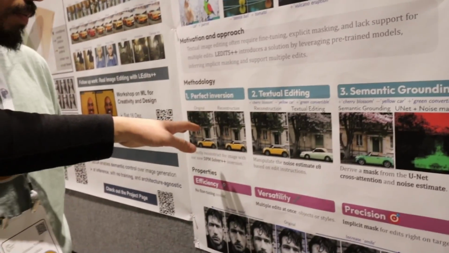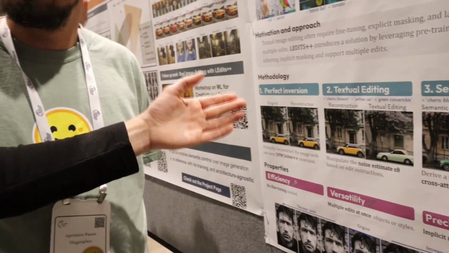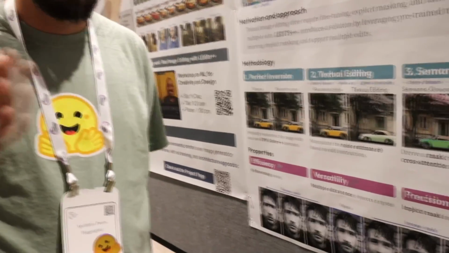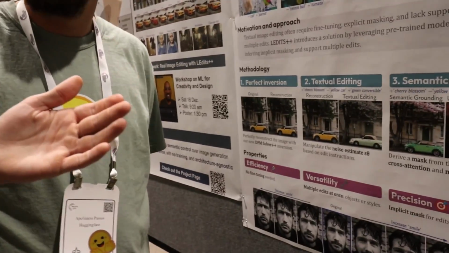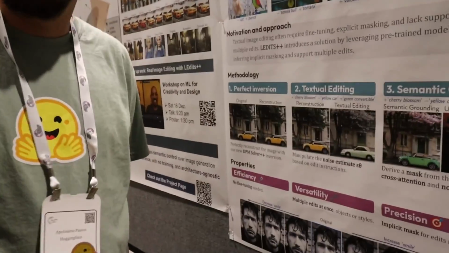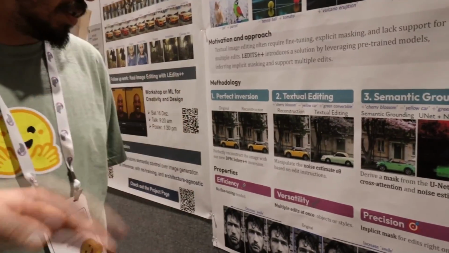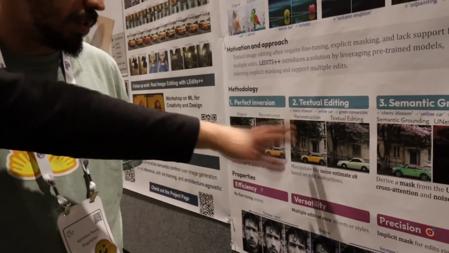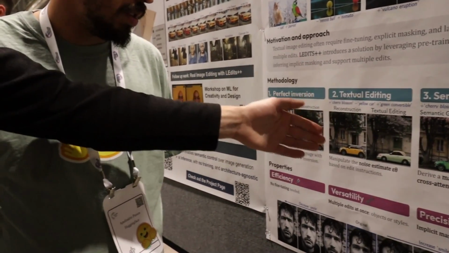When you want to edit a real image, you first have to find the noise from which you start to actually edit the image. That's why you have to reconstruct. Maybe reconstruction is not the right word here, but anyway. So you start from this image, you invert it.